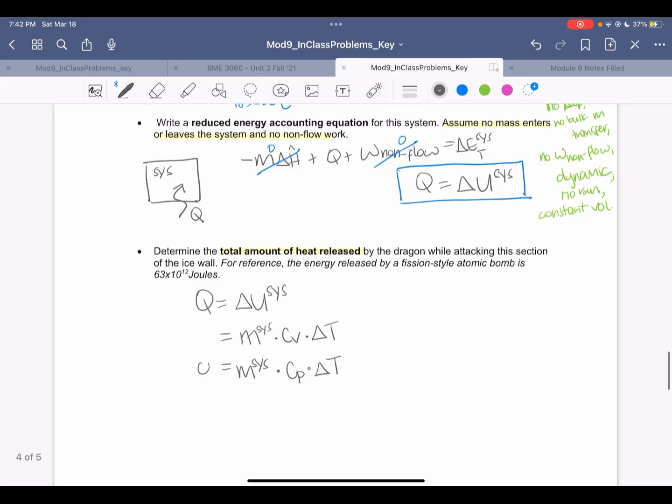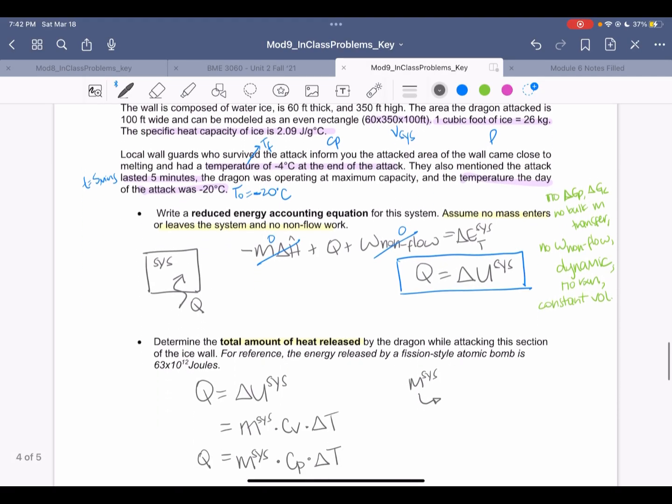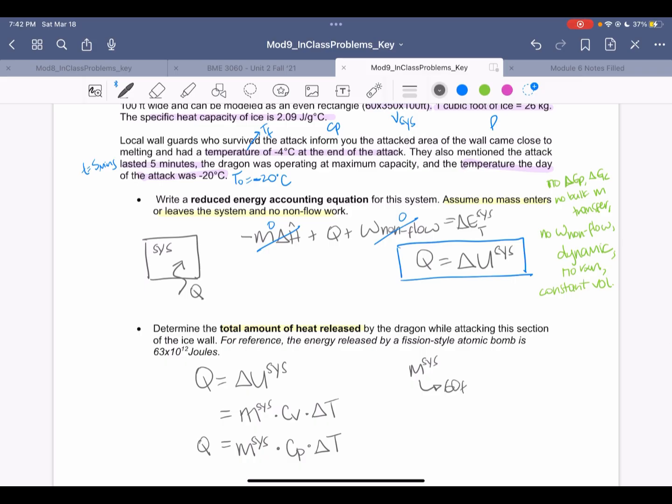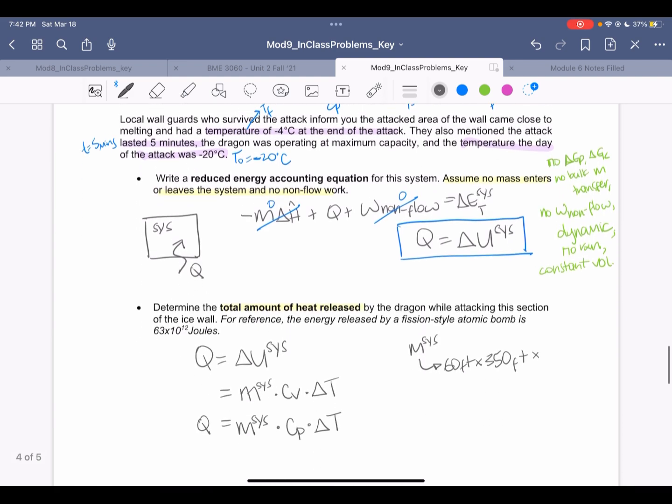And that's equal to Q. Okay, and now first actually let me calculate the mass of this system. So first we calculate our total volume, 60 feet times 300 feet times 100 feet.